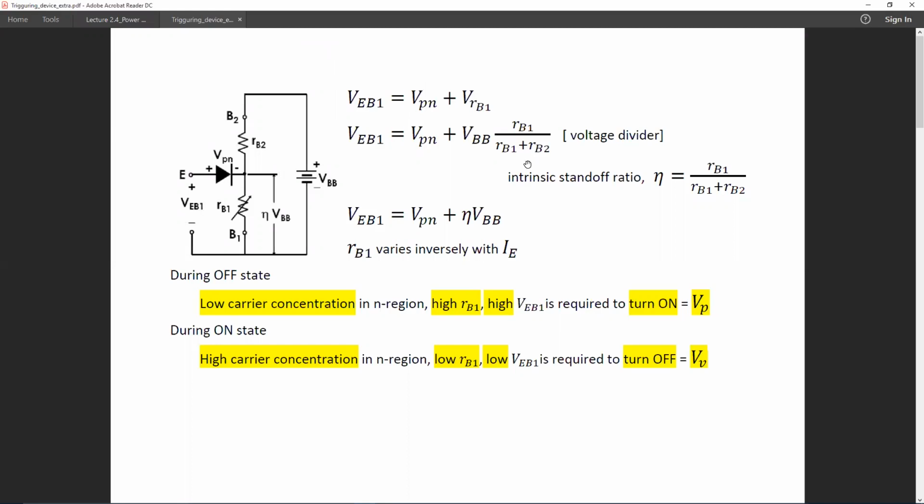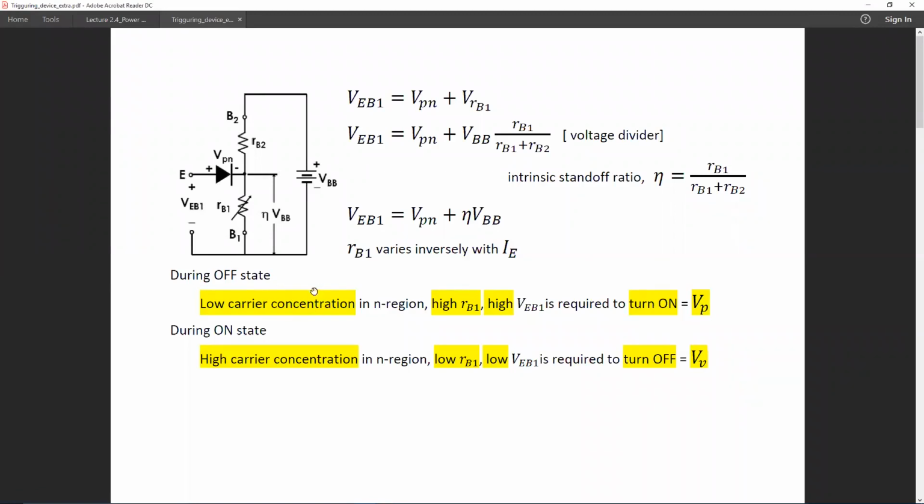If we apply a voltage VBB across RB2 and RB1, the voltage drop in this RB1 will be VBB times this portion. This portion is called eta, which is the intrinsic standoff ratio. So this is our general equation of turning on the device.